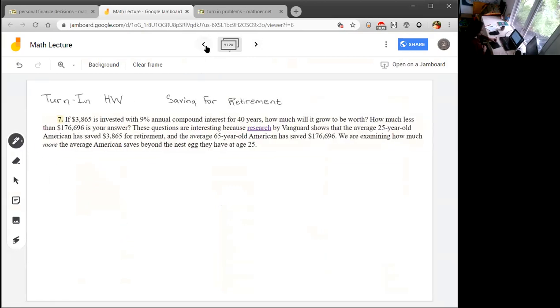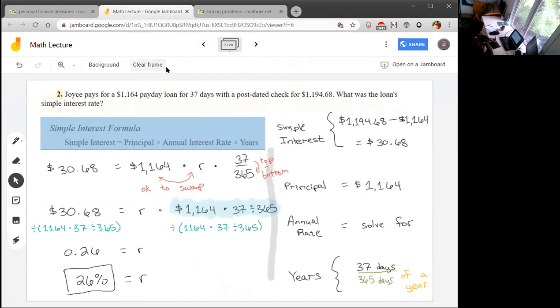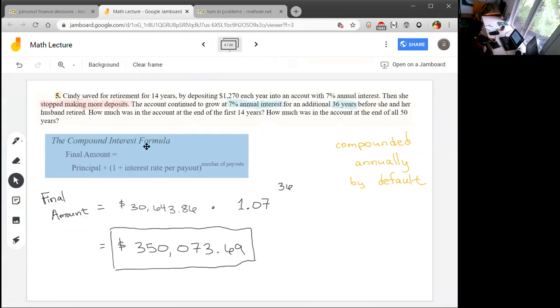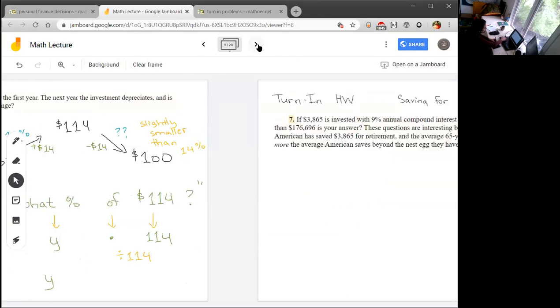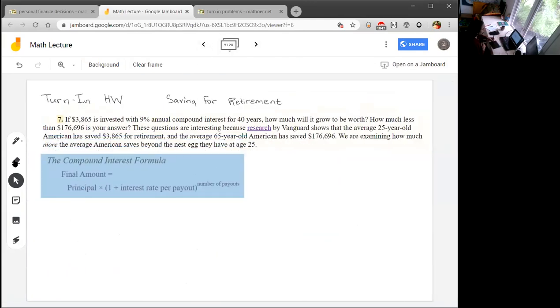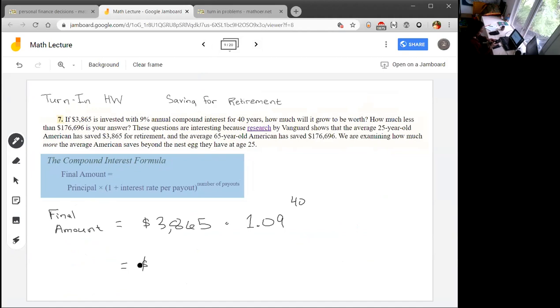Okay, so annual compound interest. We're back to the very friendly version of compound interest that we like. Everyone get about 121,000?